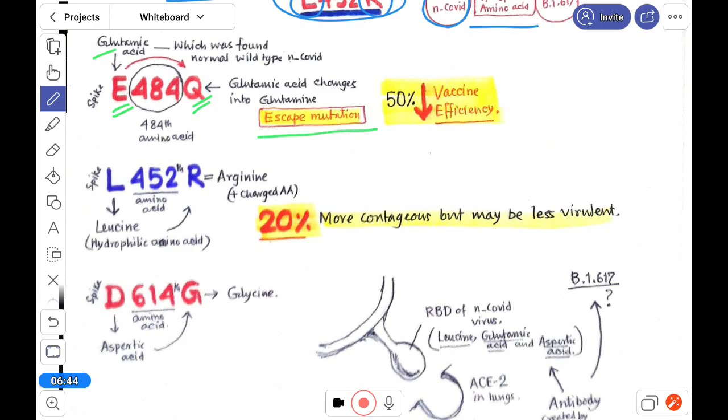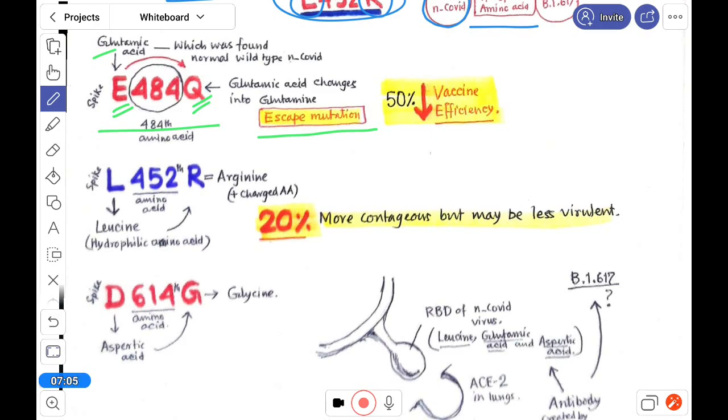In that way the vaccine efficiency is decreased by 50%. So this one is clinically very important. I think everybody got that. Instead of glutamic acid, glutamine is there now.